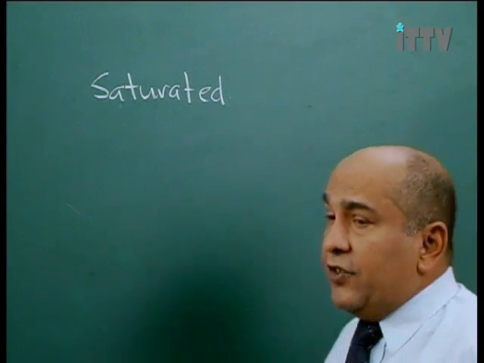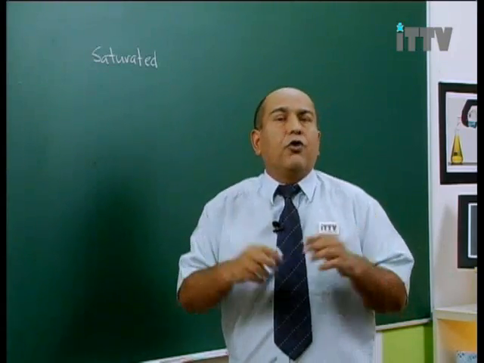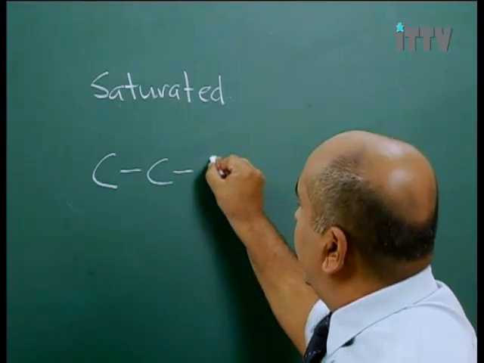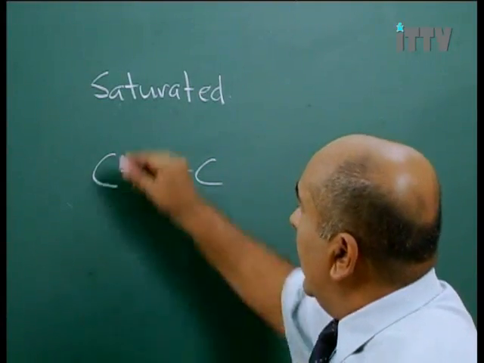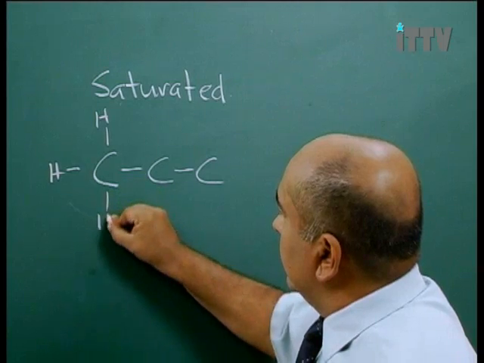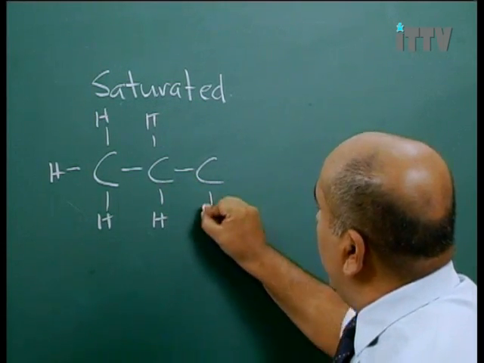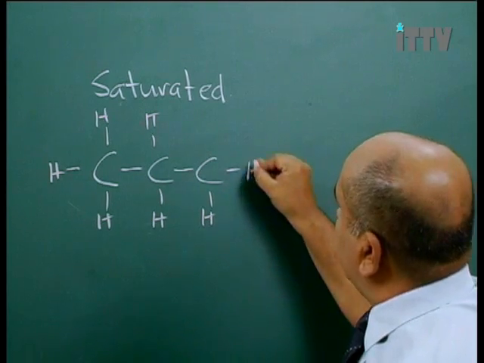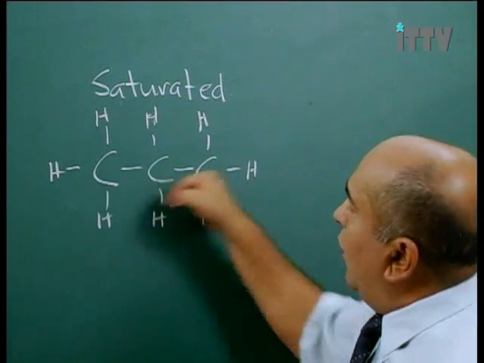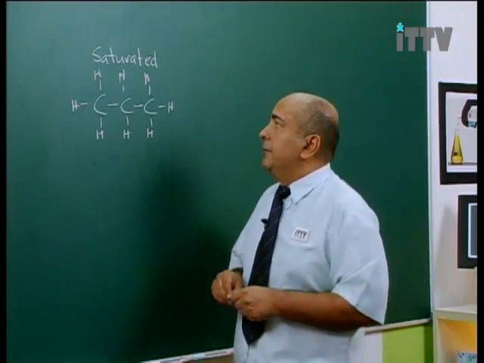And as we said, in a saturated hydrocarbon, we only have single bonds. Let's draw 3 carbon atoms connected to each other like so, with hydrogens surrounding it. Normally when we draw a structure like this, we try to keep the angles at 90 degrees for all of them, so it's nice and simple and very neat and tidy.